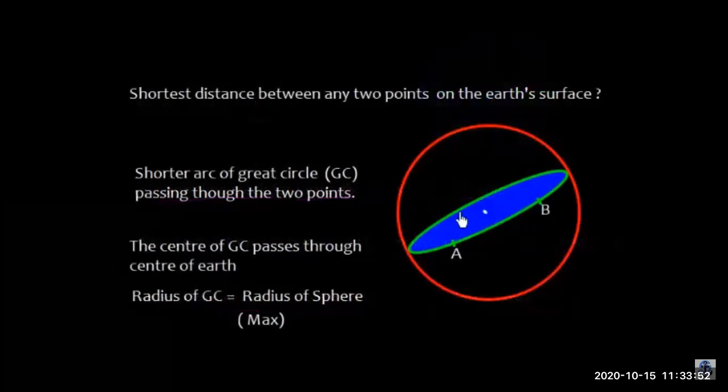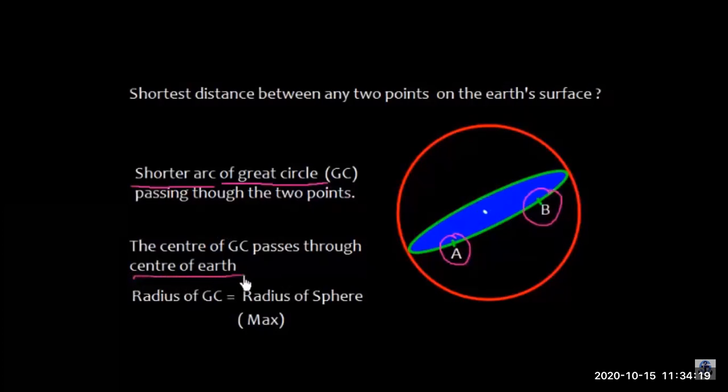Like in this example, you can see this is point A and B. The shortest distance between any two points on the Earth's surface is found by the shorter arc of the circle passing through the two points. So this is a great circle. A great circle is one whose center is the center of the Earth, or the center of the sphere here.